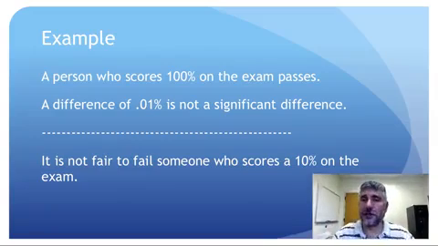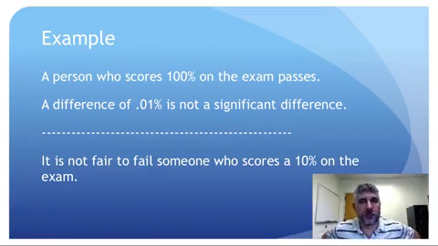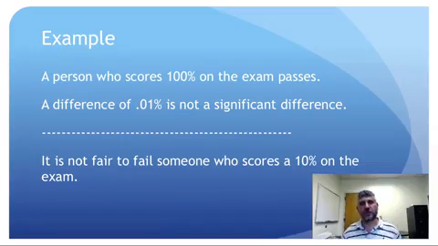Now, why is this a fallacy? Well, it's a fallacy because it assumes that it can't be fair to fail someone whose score is not significantly different from a passing score. Right? If a score of 70% is passing, then by premise 2, a score of 69.99% is not significantly different from that.